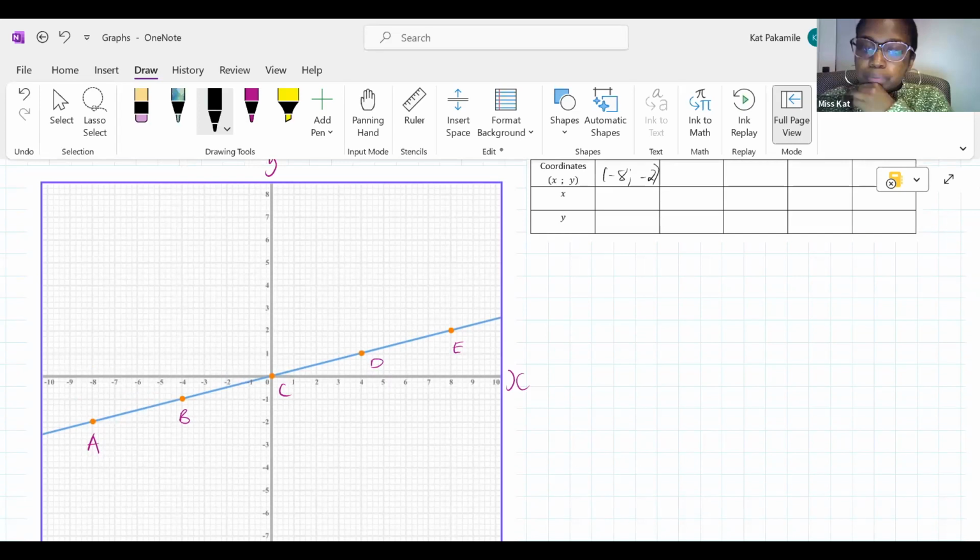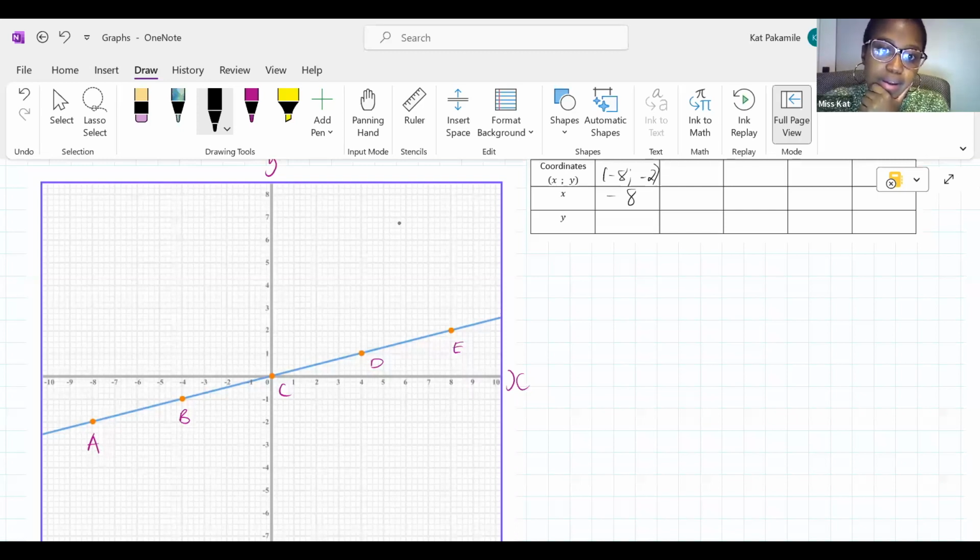Look carefully. X comes first in coordinates. There we go. -8. And your y is? -2. Okay, let's hear the next one, Tammy.